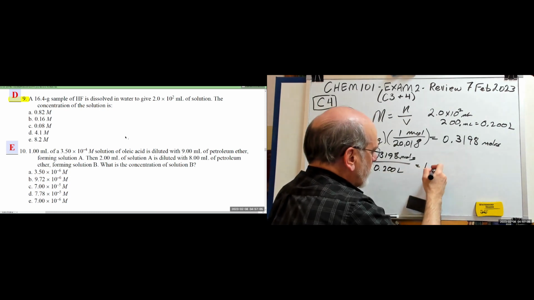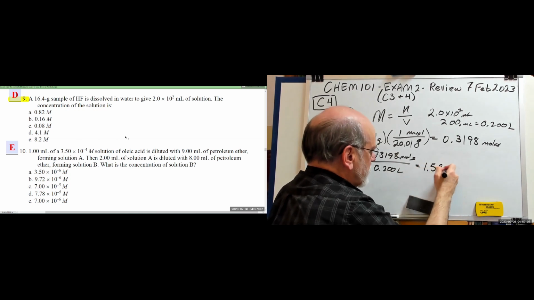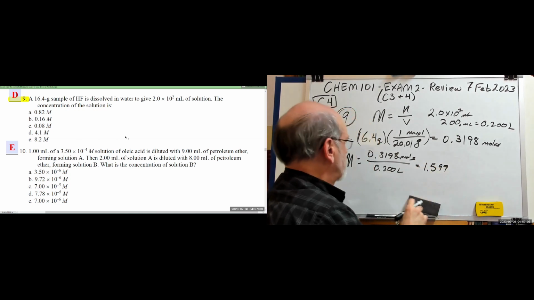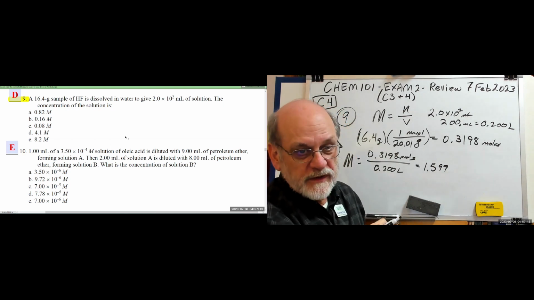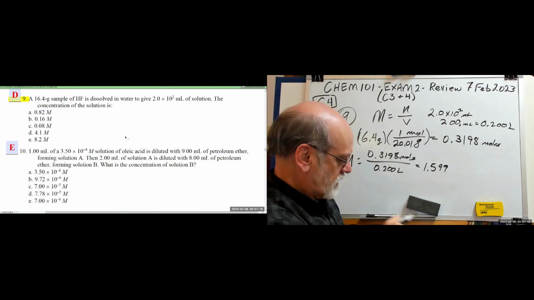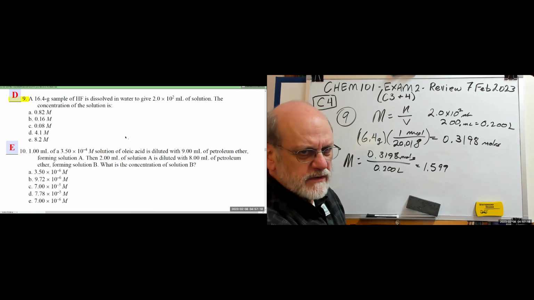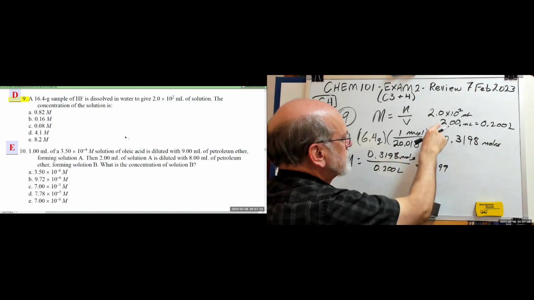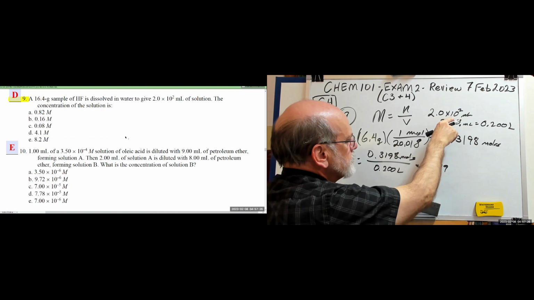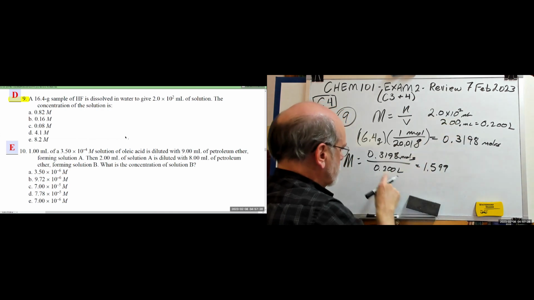And that's 1.599. We're going to have to round it off. 1.6. Excuse me, I did something wrong. 0.3198. This is 200 milliliters, which is 0.2 liters.